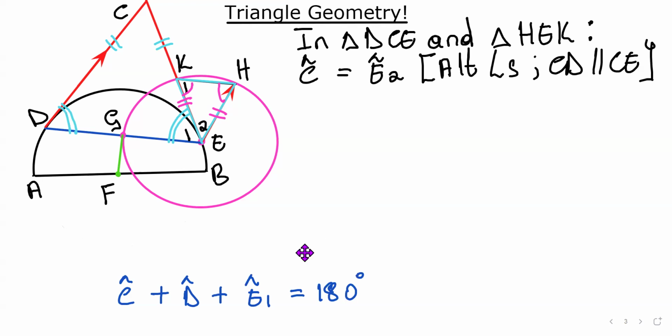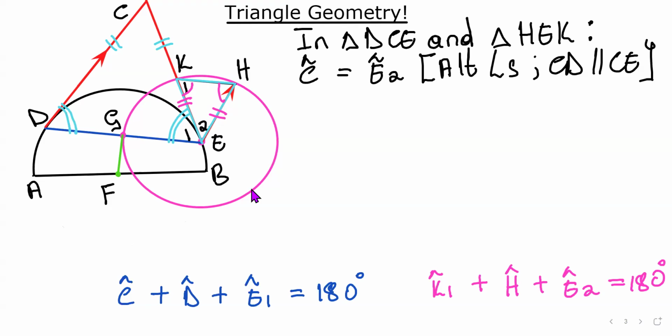If we go to the smaller triangle, we know that if we take angle K1, we add it to angle H, we also add it to angle E2, the answer is 180 as well. All right.